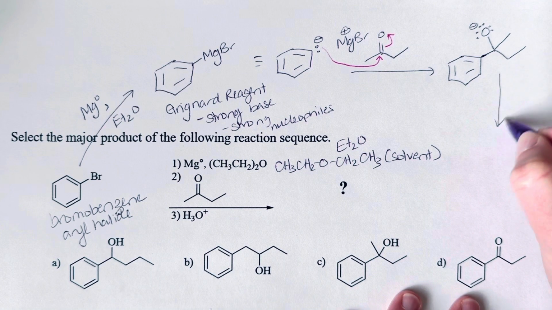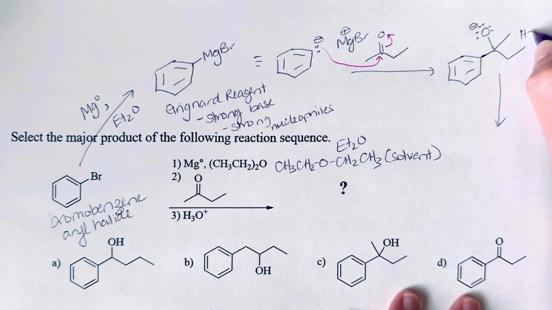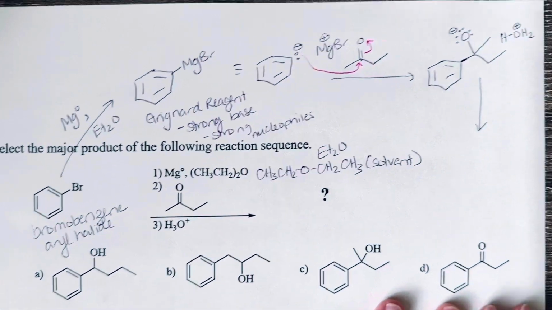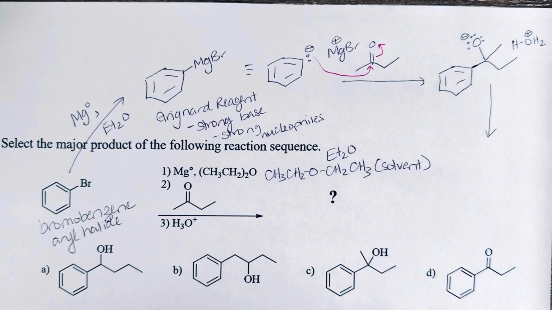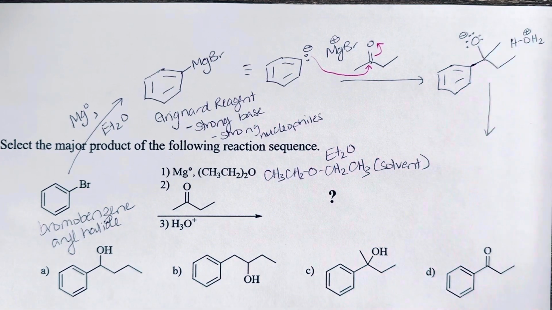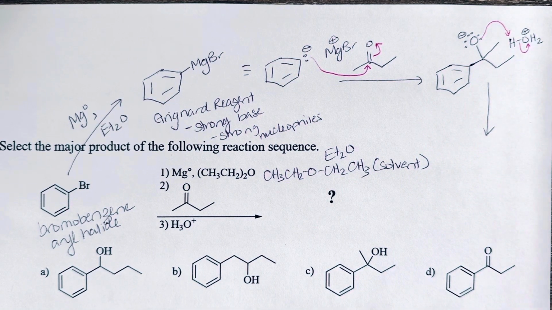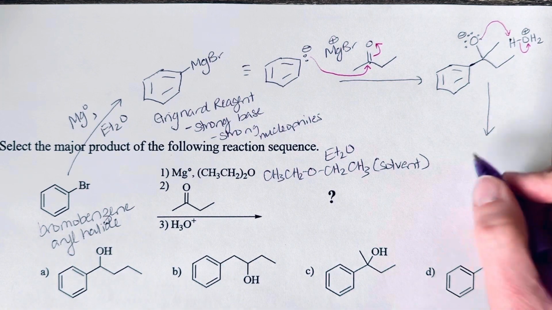In the final step of the reaction, we're going to be adding in our aqueous acid, H3O+, and we've got a base, right? We've got that alkoxide there, and this should grab a proton from your aqueous acid and form an alcohol.